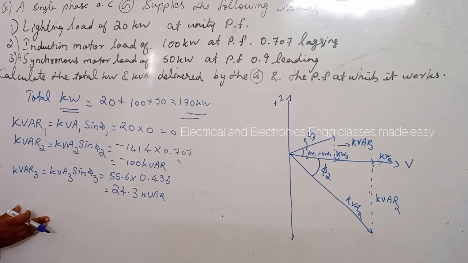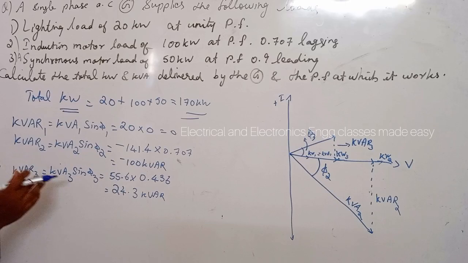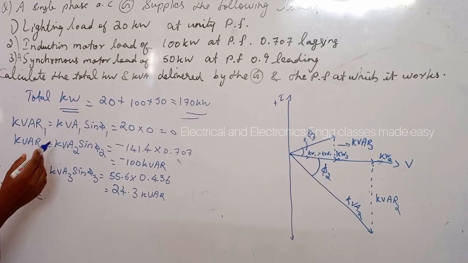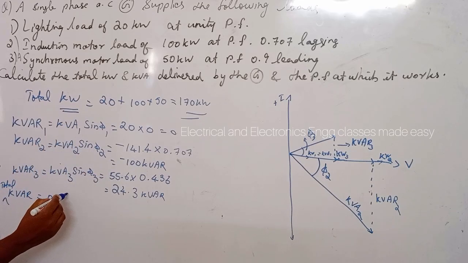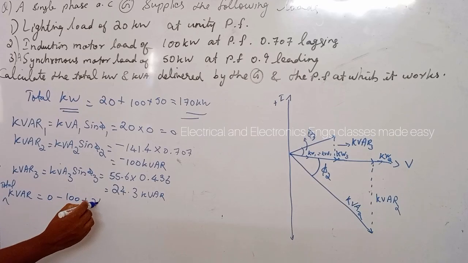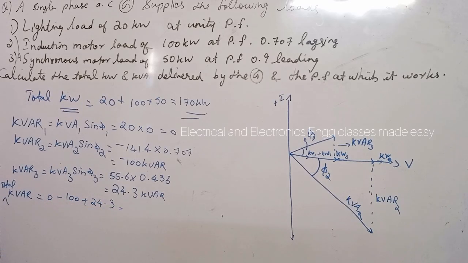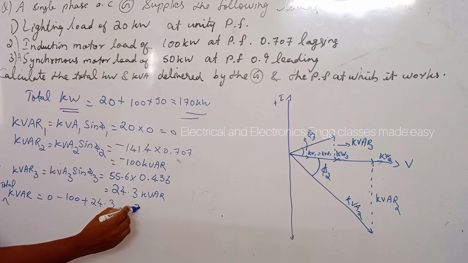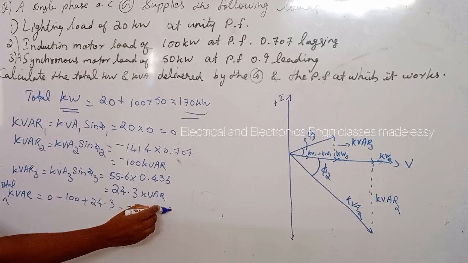Now we can calculate the total kVA delivered by the generator. Before that we have to add these kVAR, that is we have to calculate the total kVAR. Total kVAR is equal to, add these three, that is 0 minus 100 plus 24.3 and we get minus 75.7 kVAR.